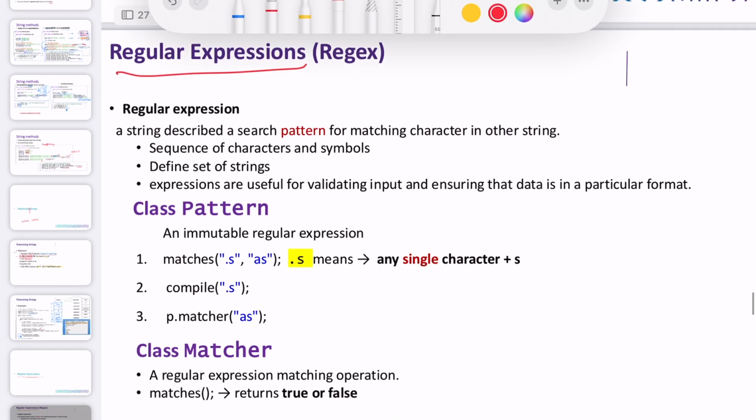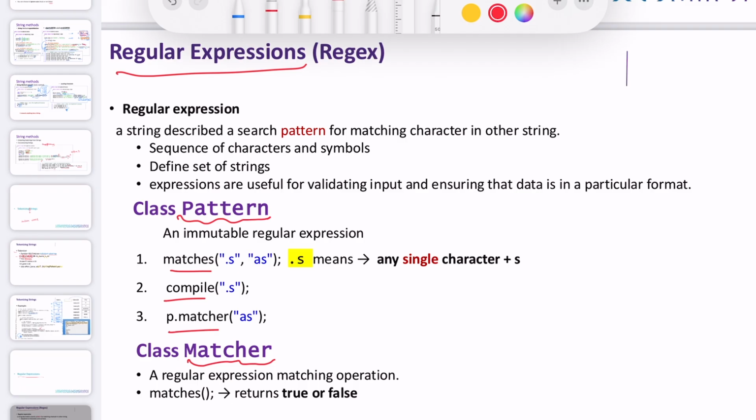To perform the regular expression, I can use either the class Pattern or the class Matcher. But we are going to focus on the class Pattern. It's easier and more straightforward. In the class Pattern, I have 3 different methods: matches, compile, and p.matcher.